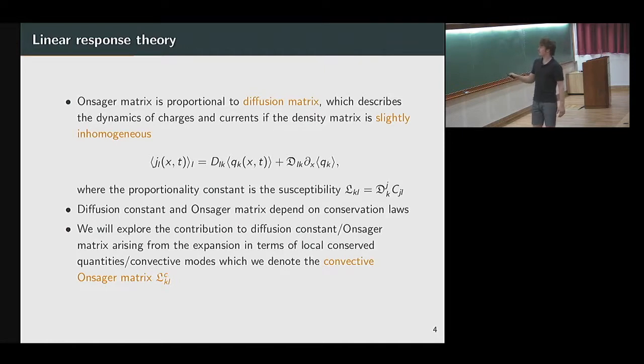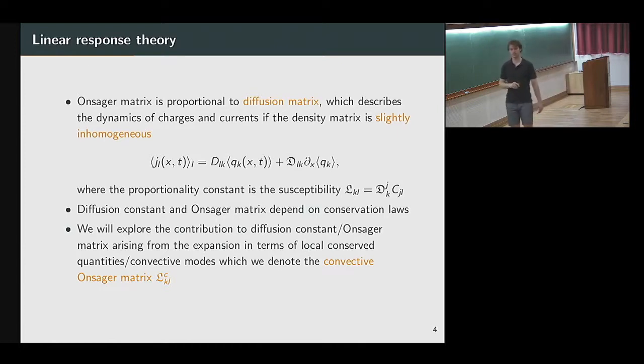Okay, but now we can actually connect the diffusion matrix to the Onsager matrix. And this is just an Einstein relation. So this is conductivity, this is diffusion, and this is susceptibility. Of course, now we have many charges, so we have to multiply matrices. But in principle, if there is only one charge, this just tells us conductivity is equal to diffusion times susceptibility. The important point is that the diffusion constant and Onsager matrix depend on conservation laws.